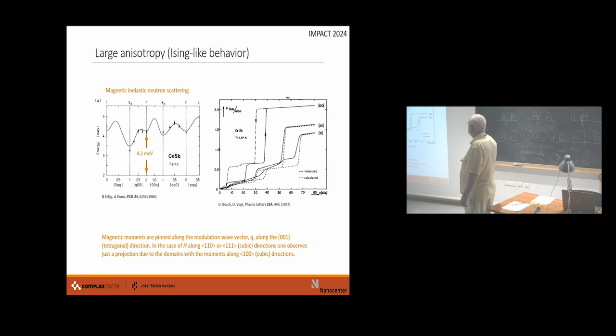And when one does susceptibility or magnetization measurements at directions which are not exactly aligned with the direction of magnetization, the sample actually splits into domains. So basically, it's impossible to tilt magnetization away from the cubic axis. Some people also call it the Ising case, because you can only have up or down.